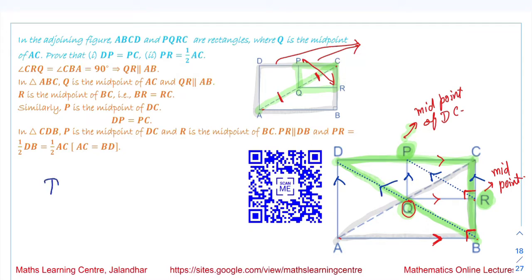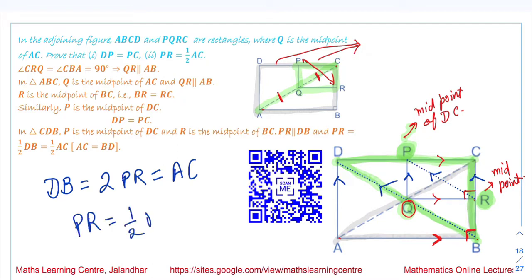And further, DB is equal to 2 times PR. And we know that the diagonals of a rectangle are equal in length, so DB will be equal to AC. And this is what we have to prove, that PR is equal to 1 by 2 times AC.